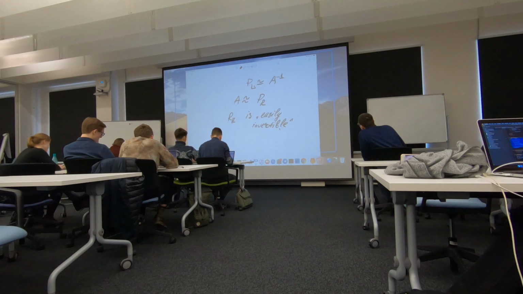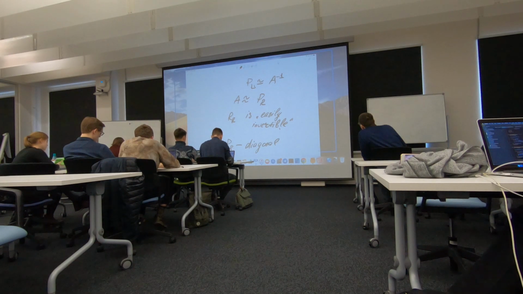For example, P_R can be diagonal. P_R can be triangular. Anything else?